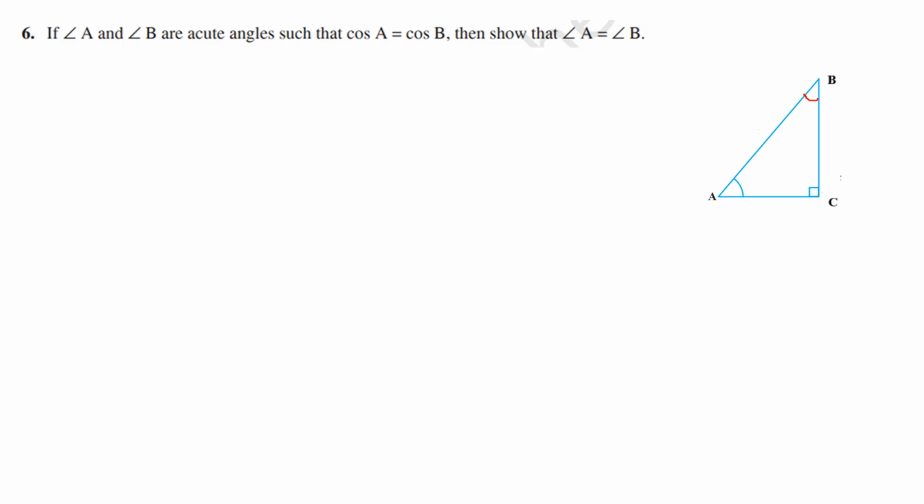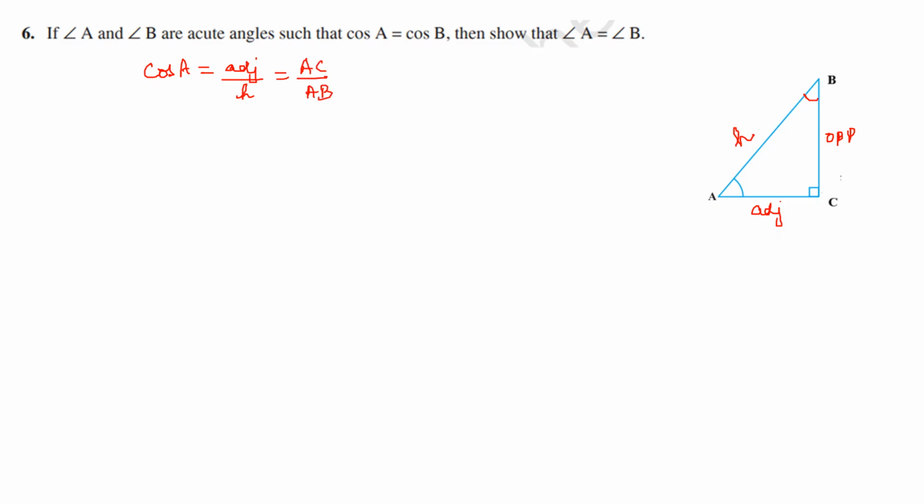Now with respect to angle A, hypotenuse is AB, opposite side is BC, and adjacent side is AC, isn't it? So from here, cos A I can write as adjacent by hypotenuse, adjacent is AC by AB.